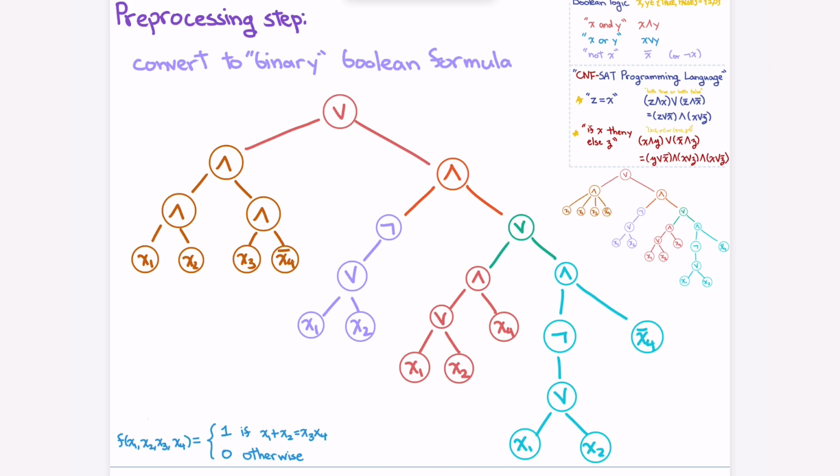We need to check that both steps will not blow up the size of the input. So how can I argue that putting things in binary form isn't that big a deal? Because you might worry about introducing lots of intermediate nodes.